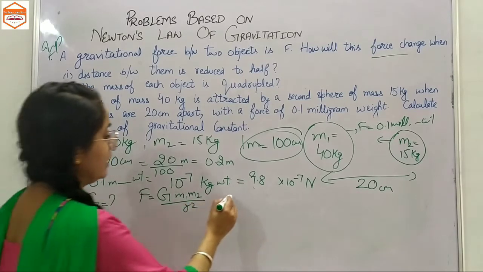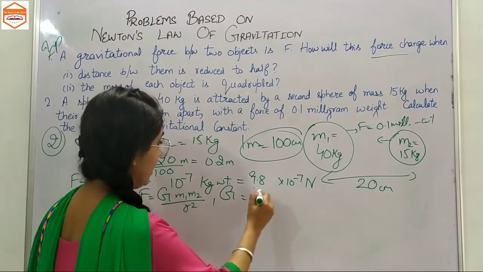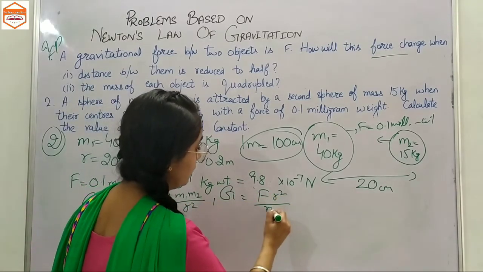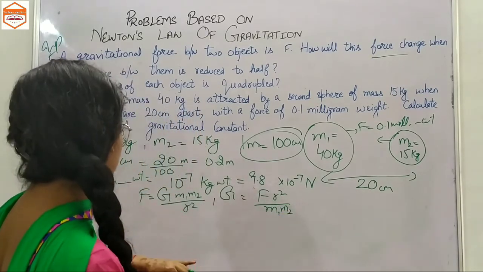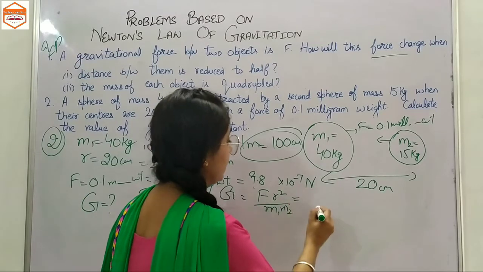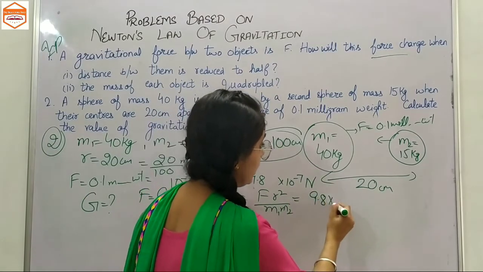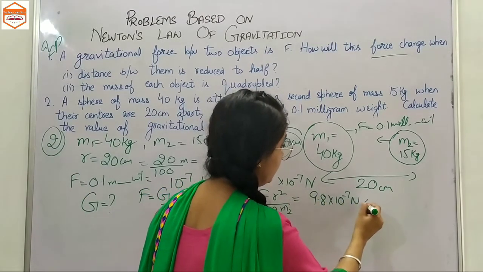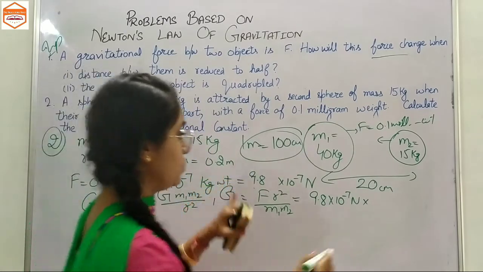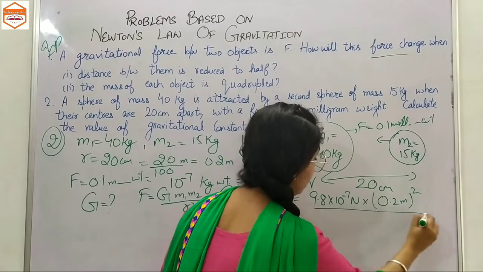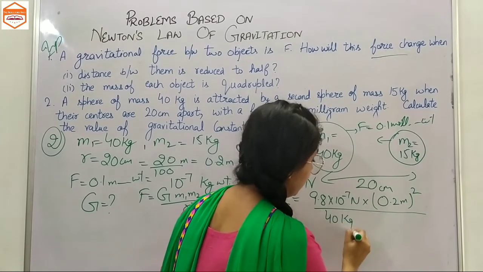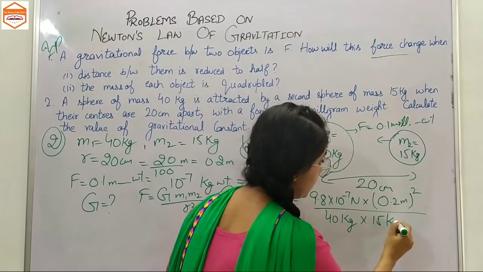You know F equals G M1 M2 over R squared. That means G would be F R squared over M1 M2. Now we are going to put the values. There would be 9.8 into 10 to the power negative 7 newton times 0.2 meter squared over 40 kilogram times 15 kilograms, right?